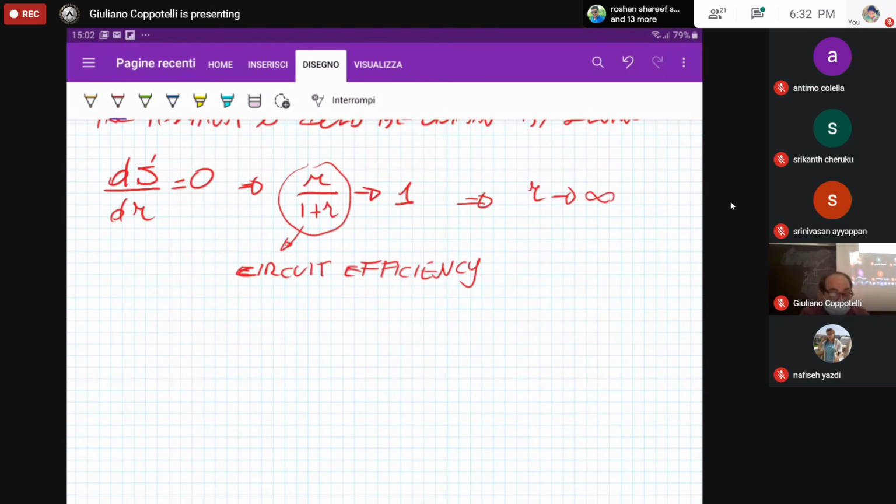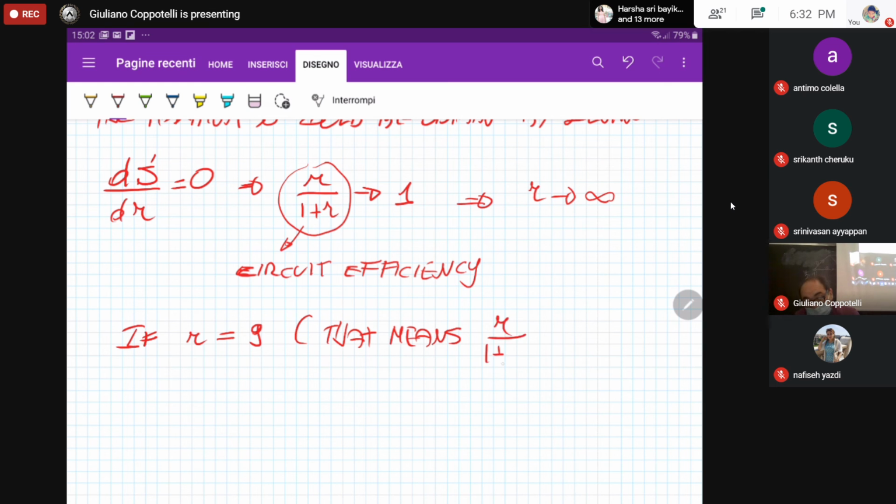Let's have an example that we comment on just after that. If R, for example, is equal to 9, so the ratio between the resistances is equal to 9, by the way, that means that R over 1 plus R is equal to 0.9, that is 90% of the efficiency.